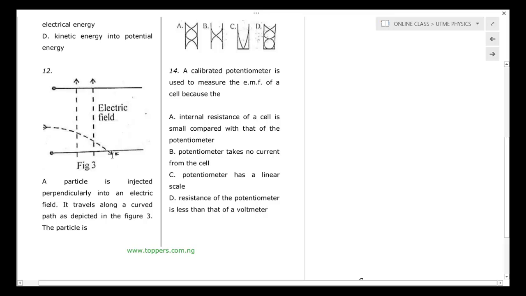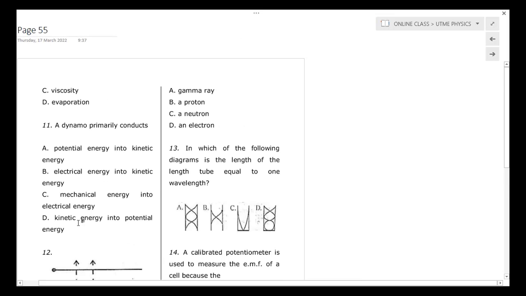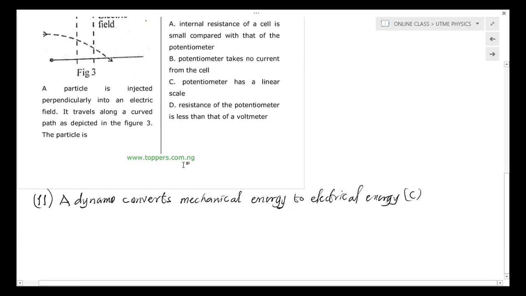Since this thing is moving this way, attracted to this path, and the electric field is passing through, the direction here is from positive to negative in this case. That means we'll be having the negative charge to this point, and that will be beta, and beta is more or less like an electron. So the particle is an electron in this case.